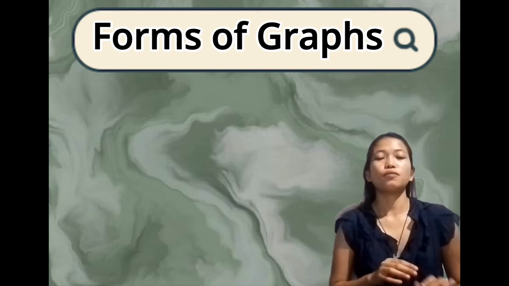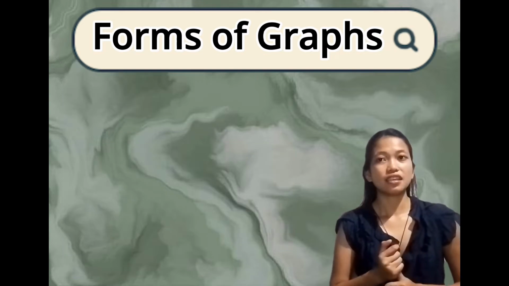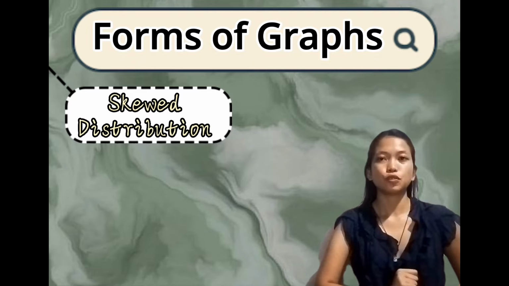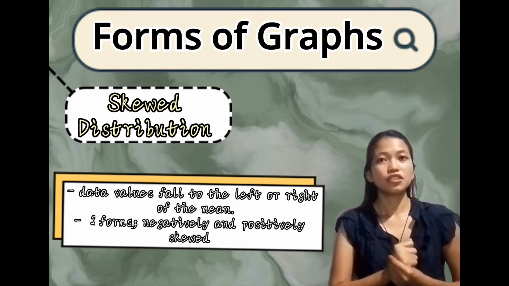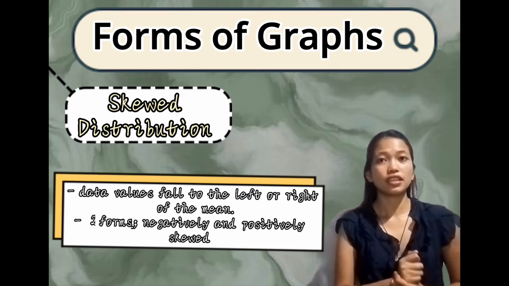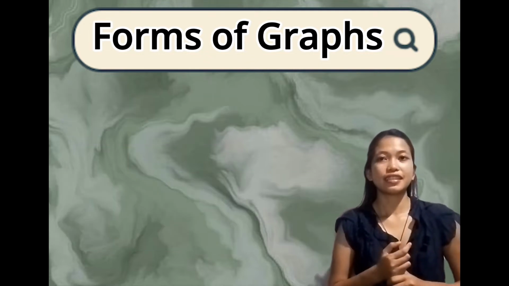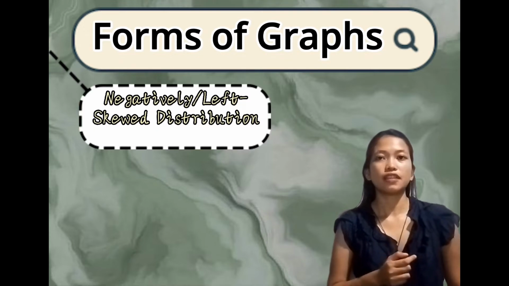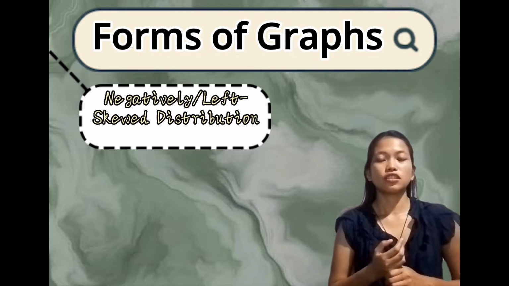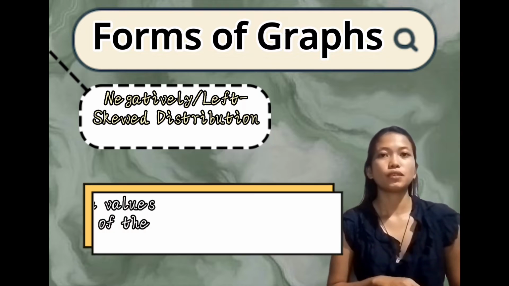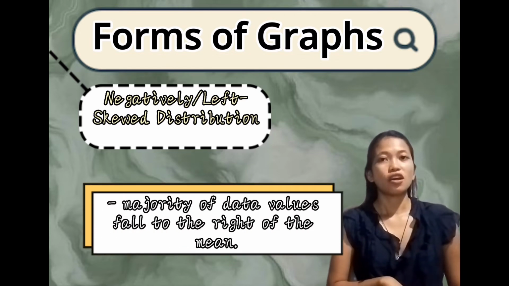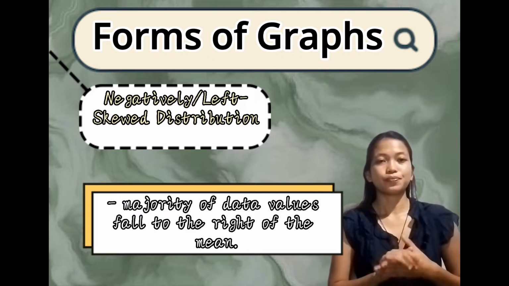Now, the next form of the graph is the skewed distribution. It happens when the data values fall either to the left or right of the mean, and it has two forms. First is the negatively or left skewed distribution. The negatively or left skewed distribution graph forms when the majority of the data values fall to the right of the mean.